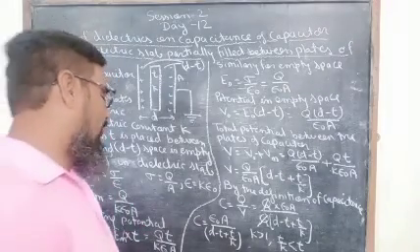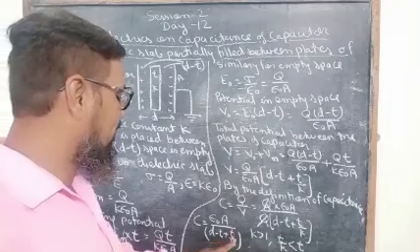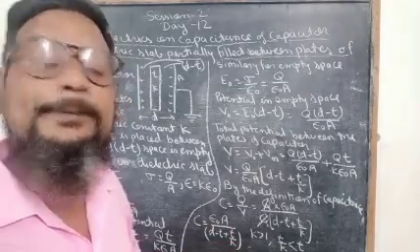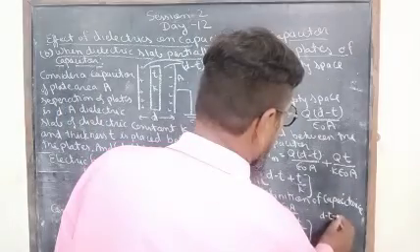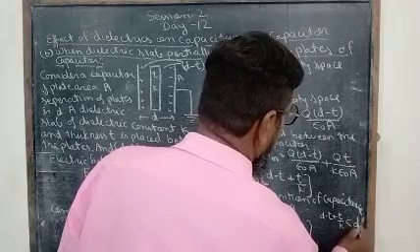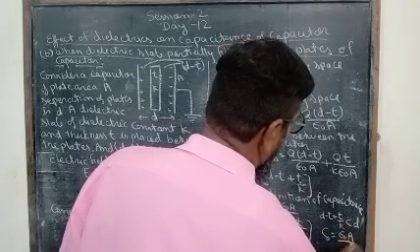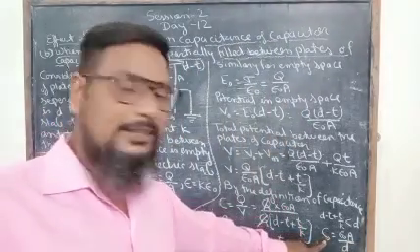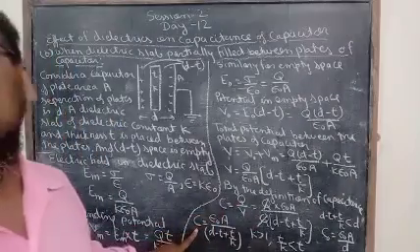That means the value of D minus T plus T upon K will be less than D, and we know that C0 is equal to epsilon naught A upon D. That means this C0 will be smaller than this C.